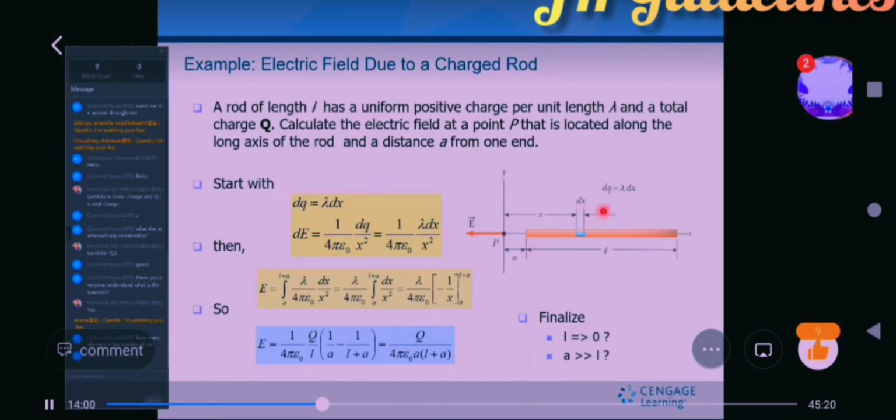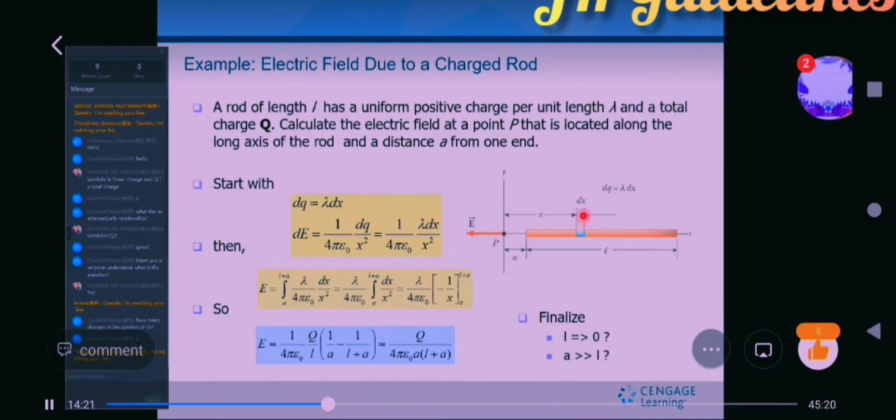Well, I hope, Raman, you can continue, follow my lecture. Okay? Well, of course, anybody can answer this question. So how many charges in this portion of dx?